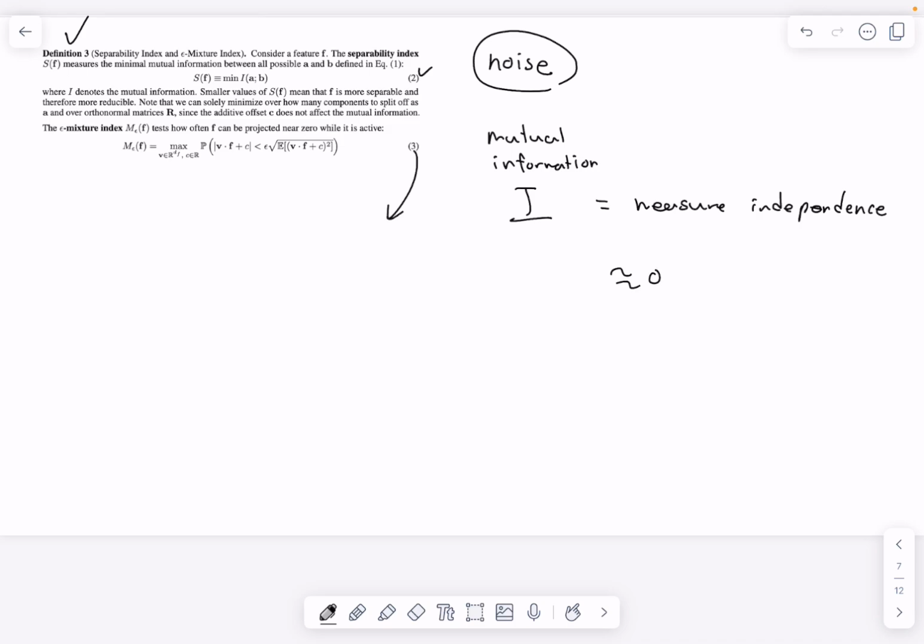Equation 3 measures how easily separable or how mixed the subspaces are.